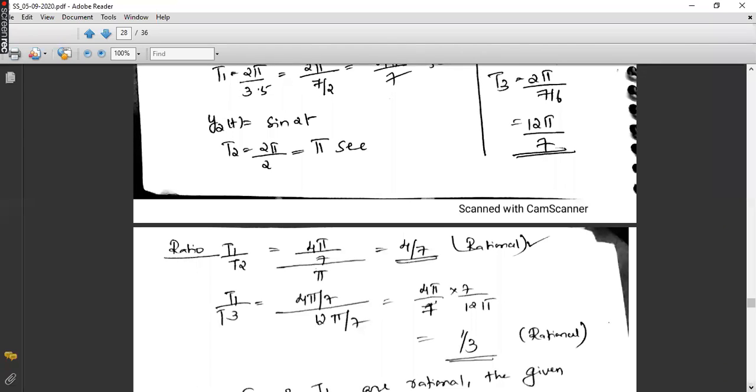So you can say that the two ratios are rational numbers. If it comes in terms of root 2, root 3 and all, it is irrational. Both the numerator and the denominator should be positive integers in the format x by y. Then you can say that it is a rational number.